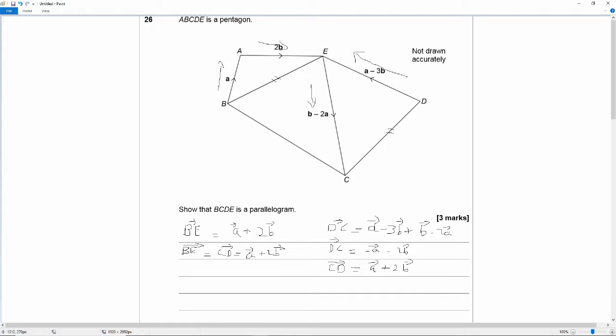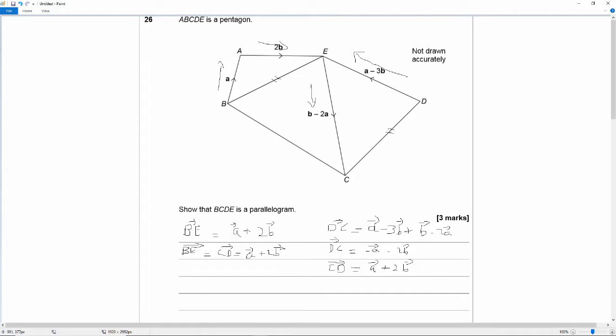So now it's the DE and CB. So we already know that DE is A minus 3B, that's given. So we want CB. So we're going from C to B. So yeah, okay.